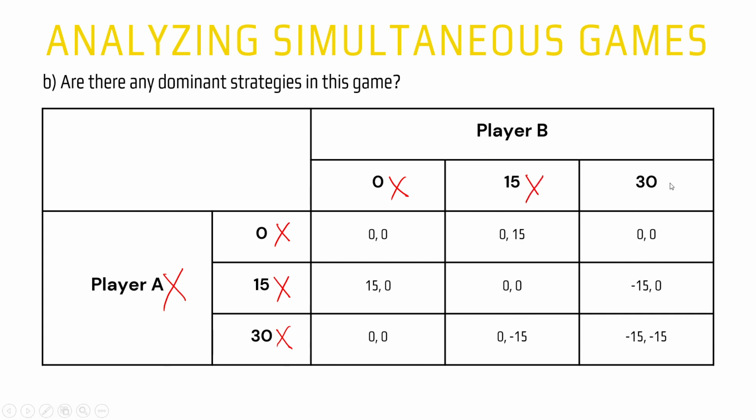Lastly, the $30 strategy is being dominated by the $15 strategy, therefore this is also not a dominant strategy. Therefore, player B does not have a dominant strategy. So that means that this game does not have any dominant strategy, since both players do not have a strategy that dominates any other strategies.